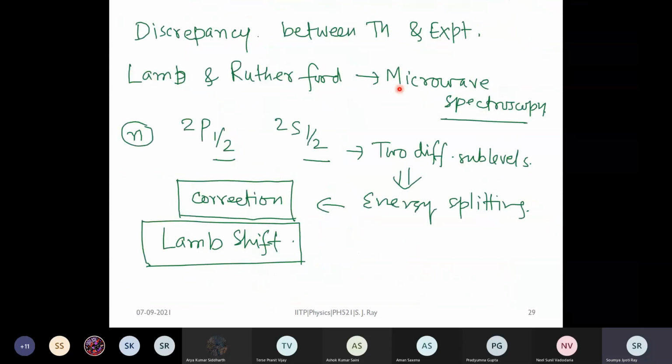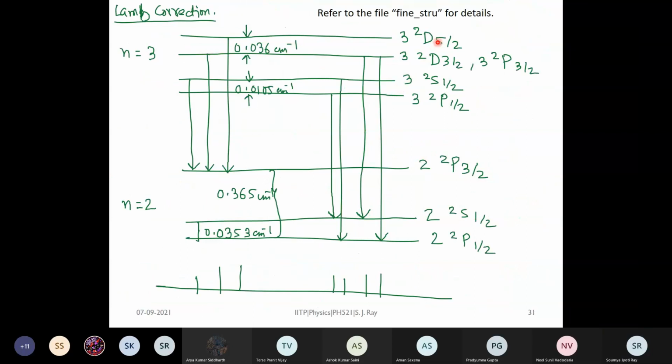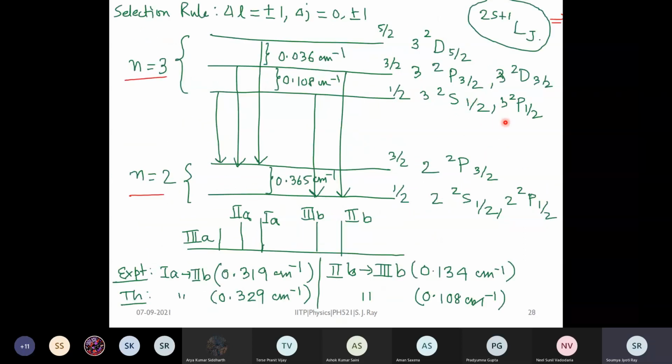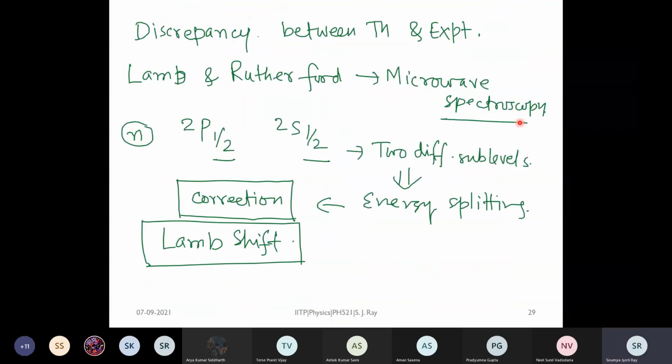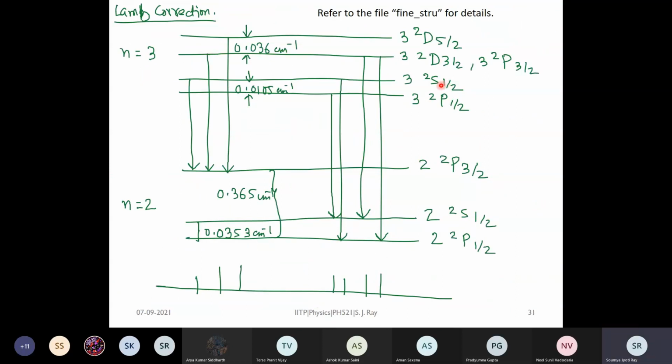Here we have basically 4 levels. There is the top level represented by d 5/2, then d 3/2 and p 3/2, and then s half and p half. If you remember, earlier these s half and p half were at the same energy level, but as per Lamb's correction, they are not the same energy level. Rather, there is some delta t, or term shift, present here.